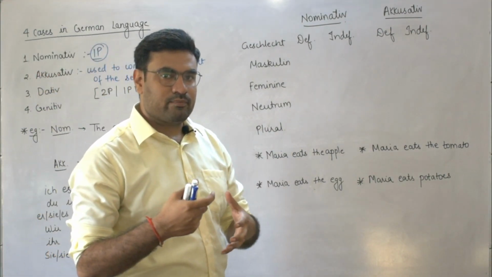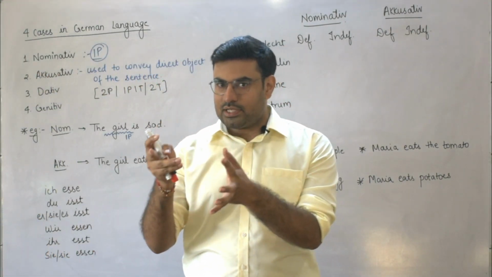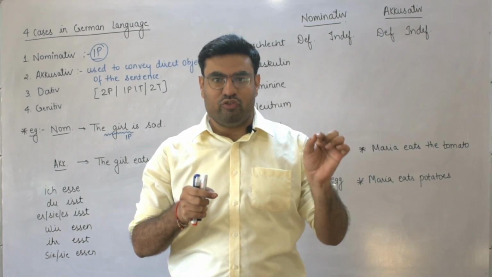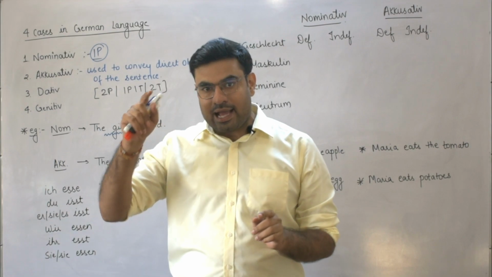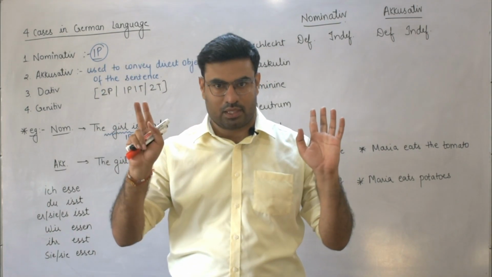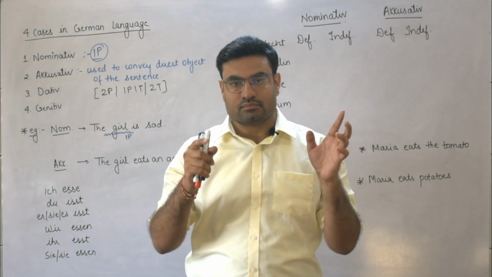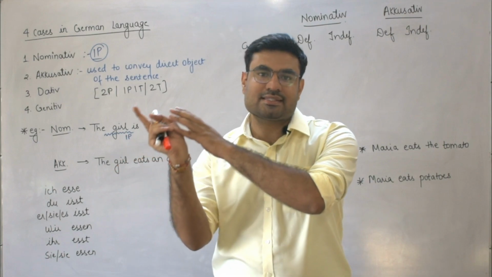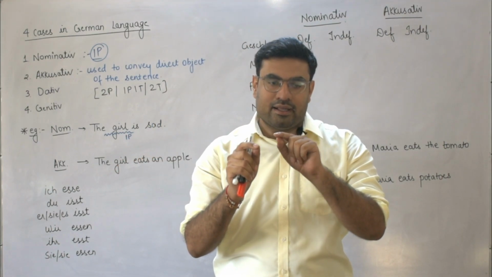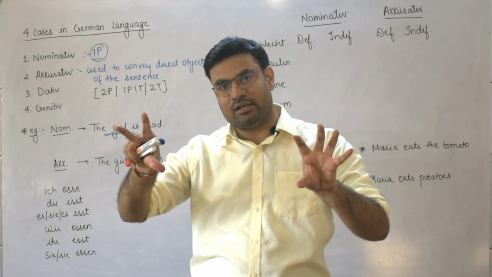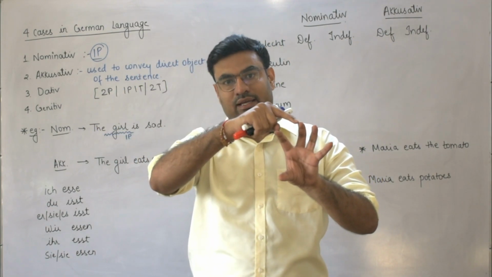Direct object means there is a subject and an object, the subject is doing some action, and the object is getting influenced directly by the action done by the subject.